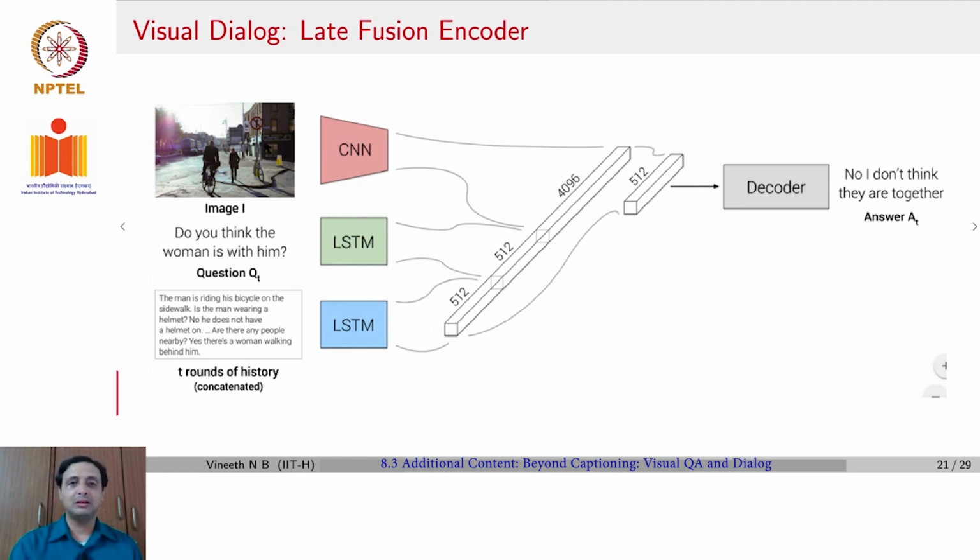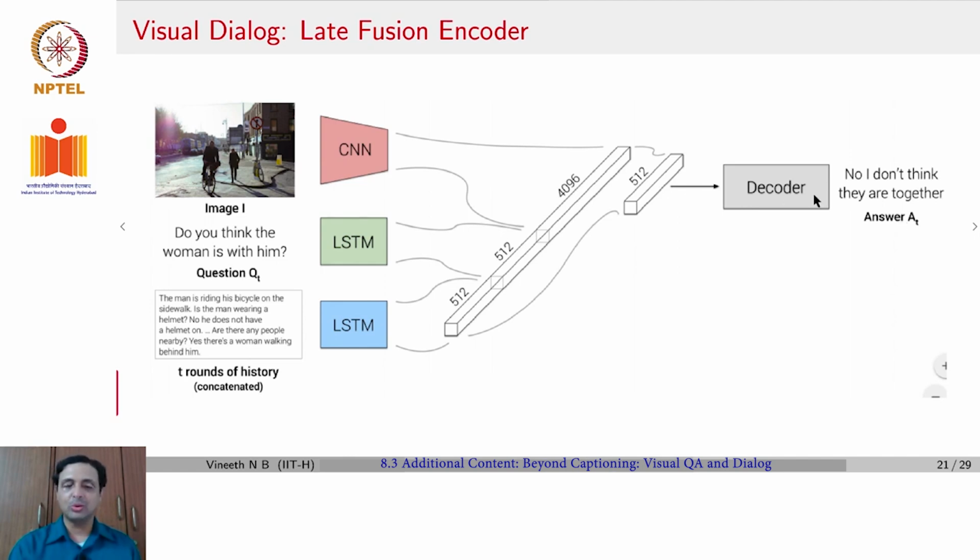So you provide the image to a CNN, you provide the current question to an LSTM, and you provide the entire history concatenated as a single text input to another LSTM. You fuse or concatenate the outputs of each of these models, the CNN, the current question LSTM, and the history LSTM, and you can now have layers after them to reduce the dimension of that final representation, and you provide this to a decoder to get the final answer.